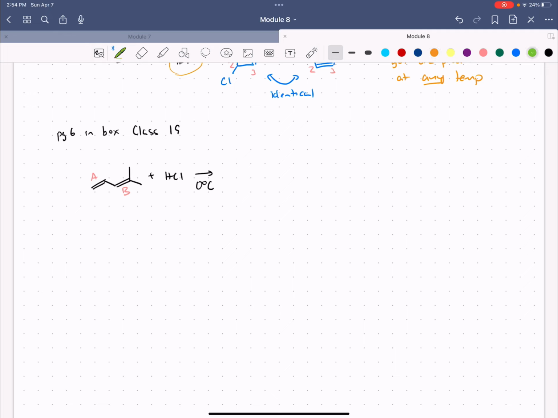Let me remind myself here that I want the kinetic, okay? But I don't know, is that the kinetic of the double bond A product or the double bond B product? Okay, so here's the deal. If I use double bond A, the two products would be this.